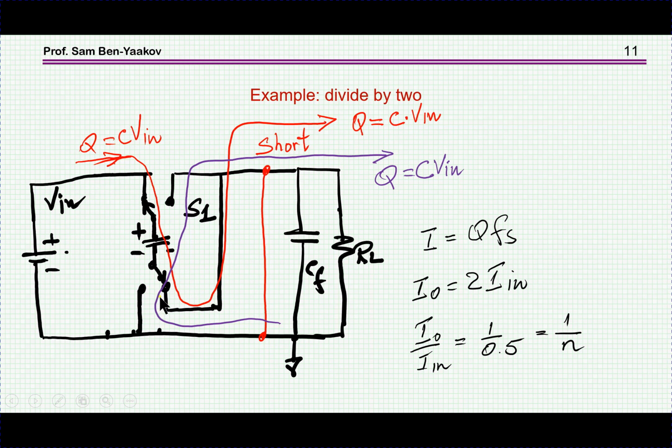And then you connect it to the short, so it will discharge completely. So once you get Q from here, once you discharge, and then again you get twice the charge, and then of course times frequency is current, and you get the same ratio. So this is a very strong relationship, the current transfer ratio.